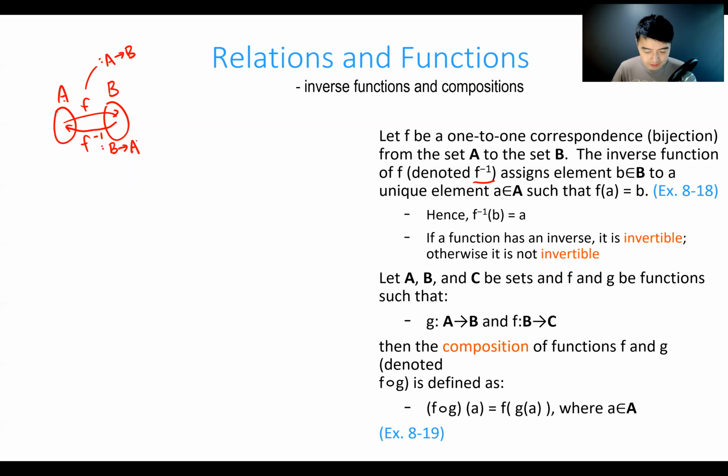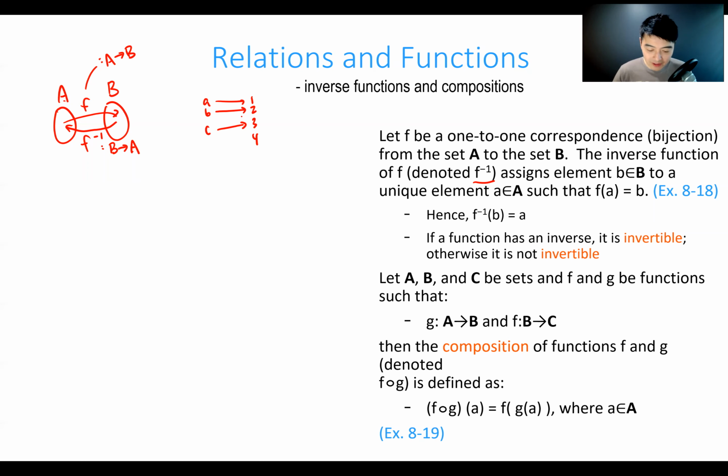So let's consider cases where F is not a bijection. First, let's consider the case where F is not onto. Let's say I have A, B, C, and then 1, 2, 3, 4, and you'll notice that here I can map something like this.